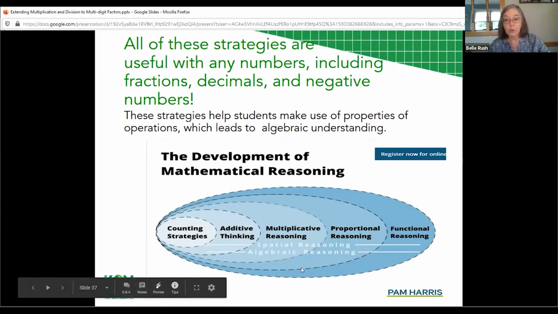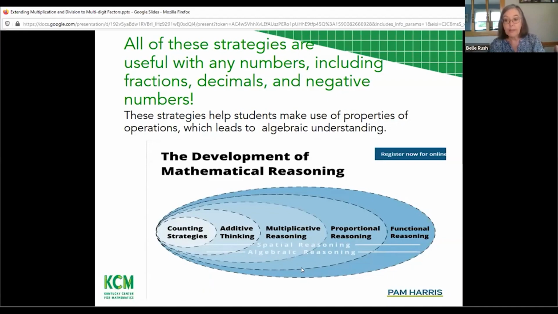We want kids to have that algebraic thinking. We want to move them across that continuum and help them see the properties of operations. The properties that they use in 2nd, 3rd, 4th, 5th grade with whole numbers are the exact same properties that they're going to use when they get into calculus. The properties are the same. So we're teaching them to use those at a very early age.